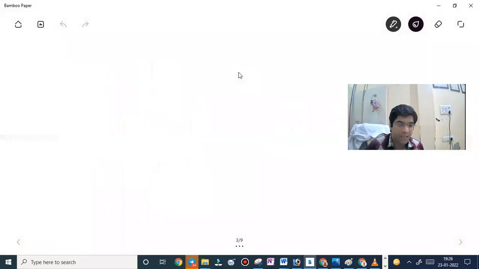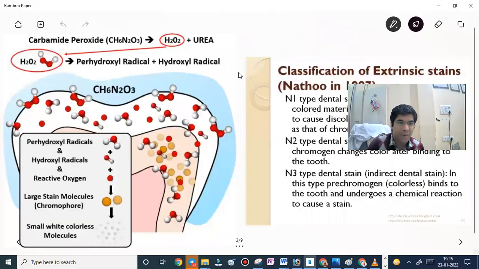So what actually happens is in the saliva there is carbamide peroxide. That converts into hydrogen peroxide, that is the active bleaching agent, and urea. This hydrogen peroxide would typically generate short-lived oxygen products.